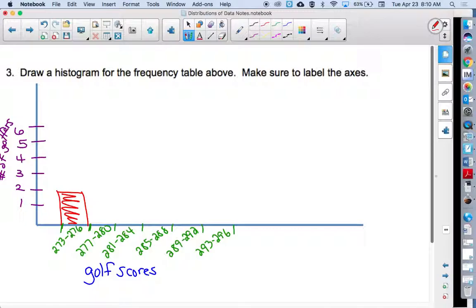The next bar is connected because 276, 277, they follow each other numerically. So the next class went up to 5. So you're drawing 6 bars, 6 intervals in your graph based off of the frequency that you have above. One connects to the other. There's no break in the graph.